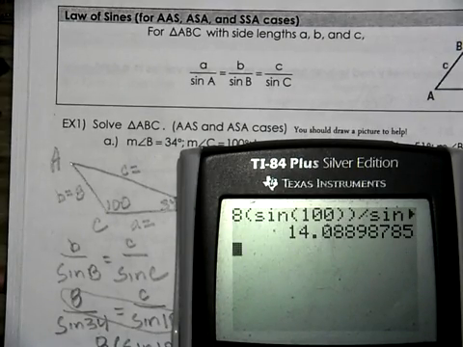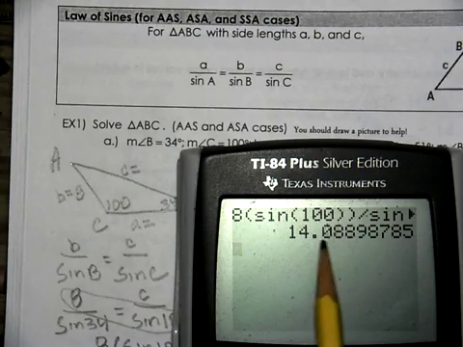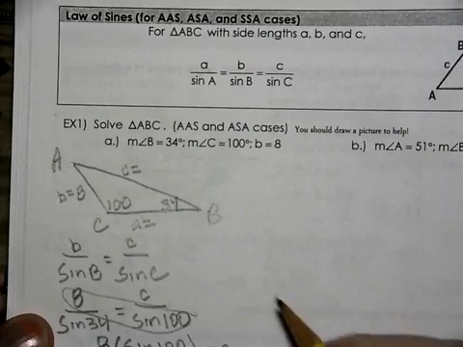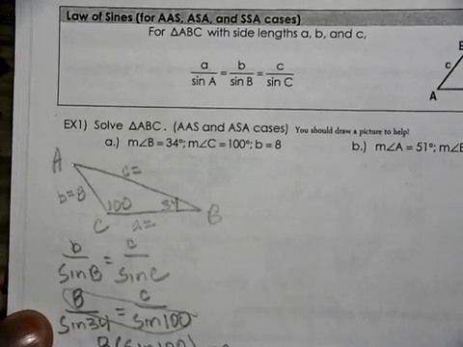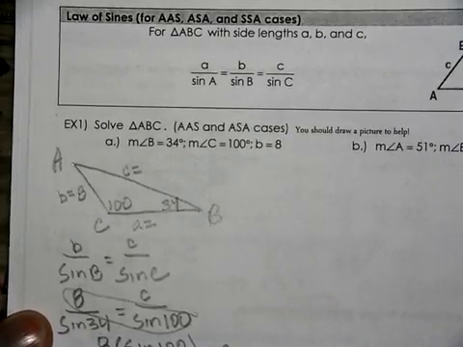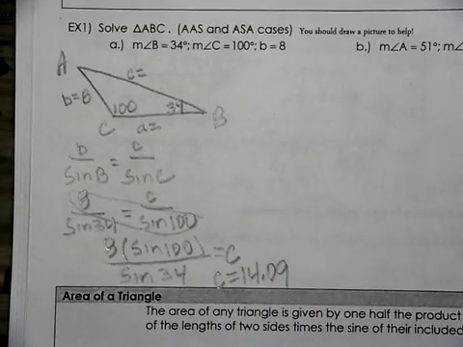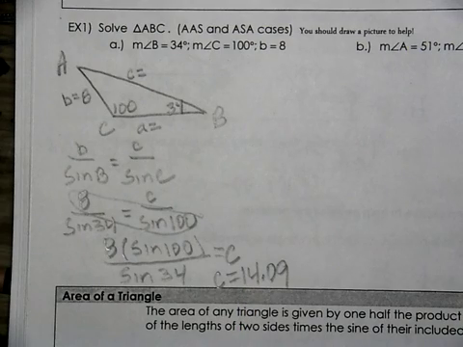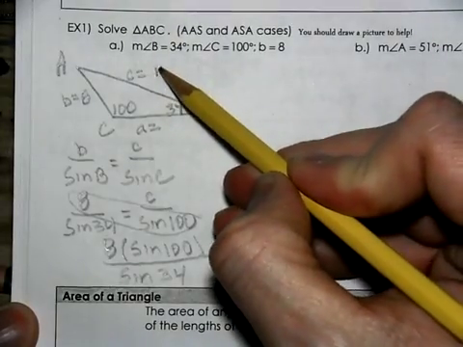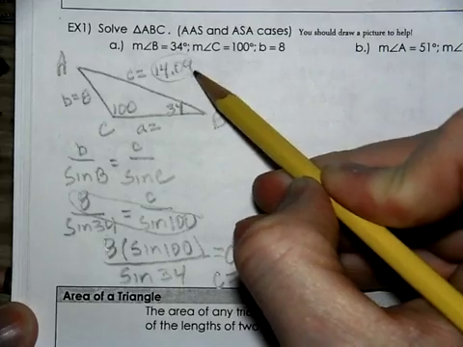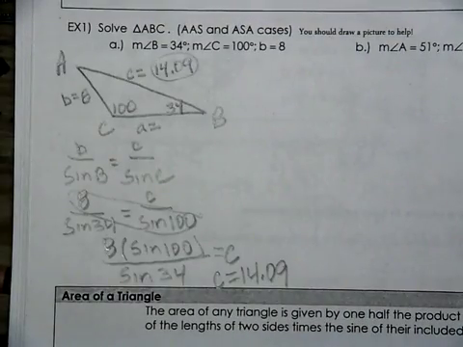And we get 14.088, so 14.09. So C equals 14.09. So that's our value of side C. So you could write that up, and we should circle the answer that you have calculated.